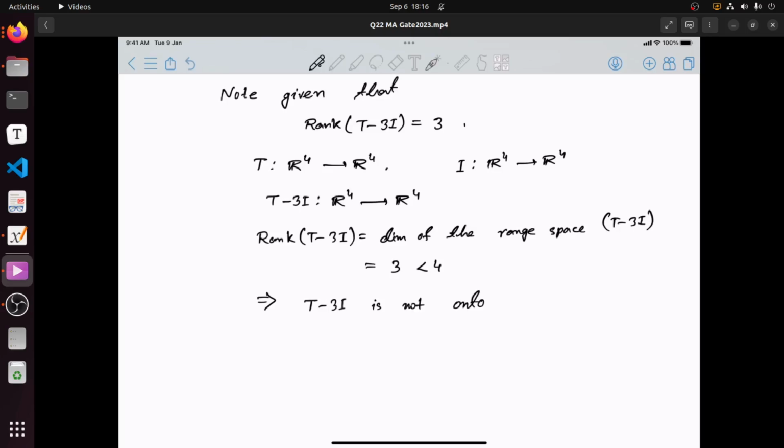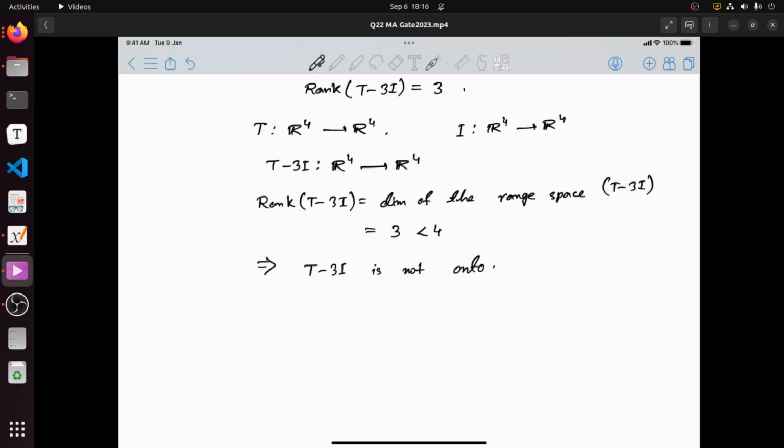Because its range has dimension 3, but it is a map from R4 to R4, which has dimension 4. So this is not onto, and as this is a finite dimensional map from R4 to R4, a bounded linear operator, it implies T minus 3I is not invertible, right? Because it is not onto, it is not bijective, so it is not invertible.